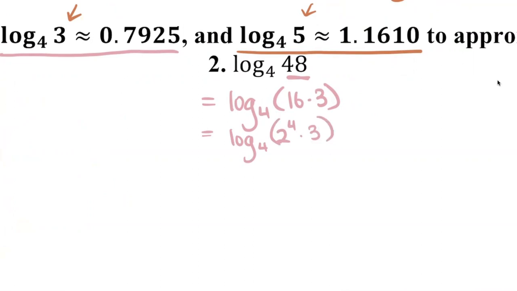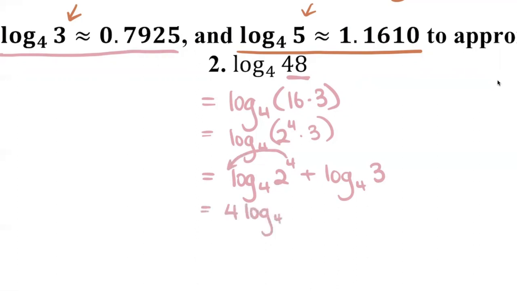Now let's use our properties and let's split these guys up. So we got log base 4 of 2 to the 4th plus log base 4 of 3. All right, using that first property. And then I can bring down the 4 using the third property. And that gets me this.